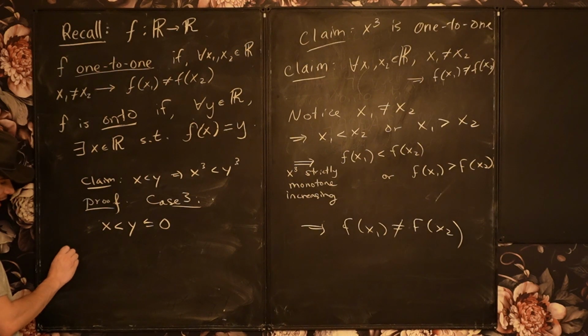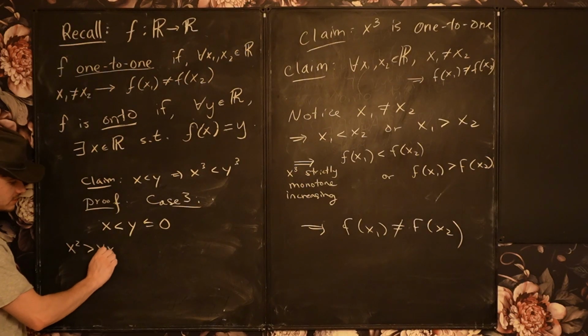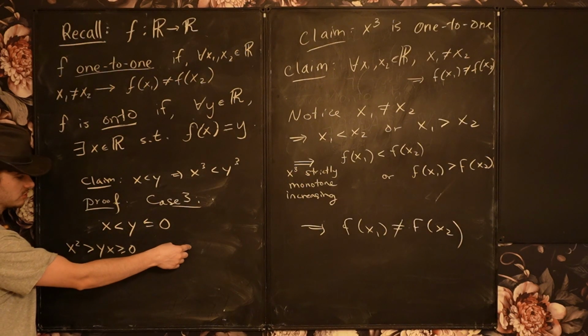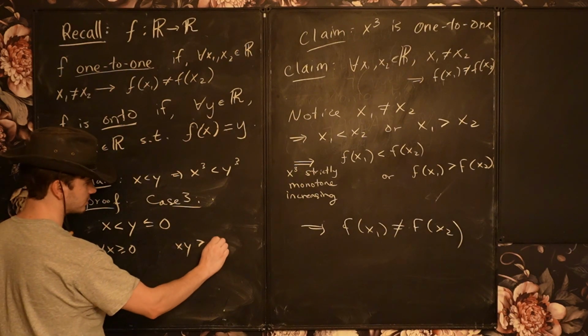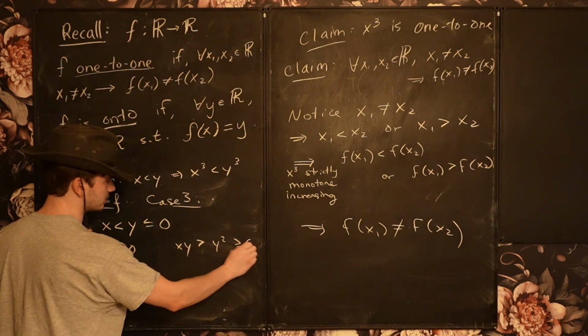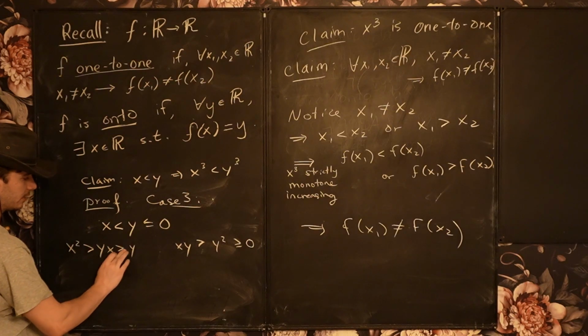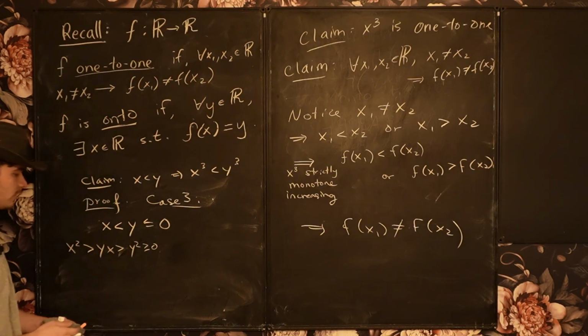So when I multiply it by x, I get x squared is greater than yx is greater than or equal to 0, because I'm multiplying by a negative number. Similarly, when I multiply by y, I get xy is greater than y squared, which is greater than or equal to 0. So I might as well just include a y squared here. Okay, so this is what I have so far.